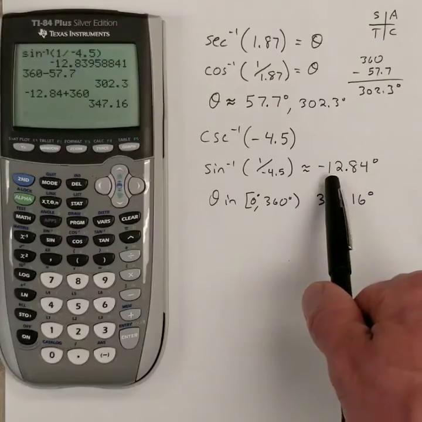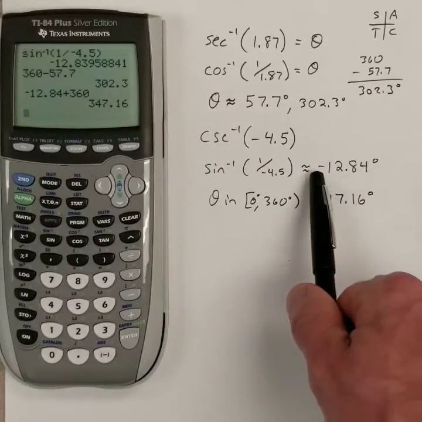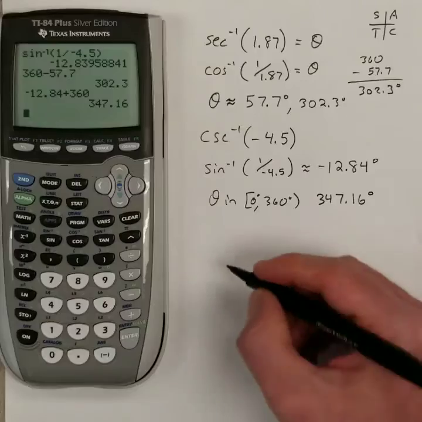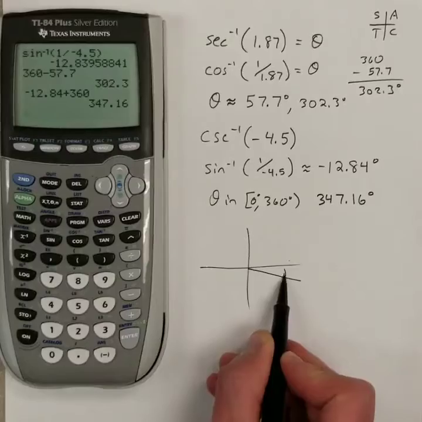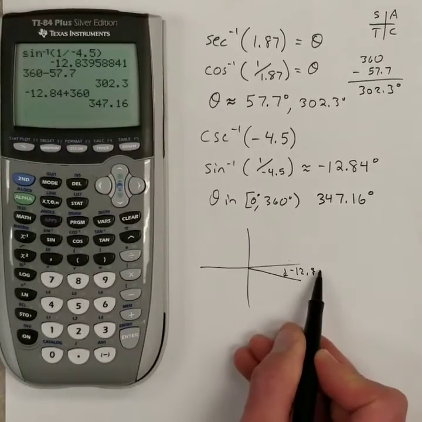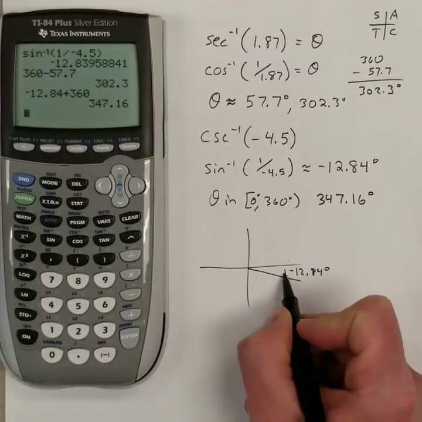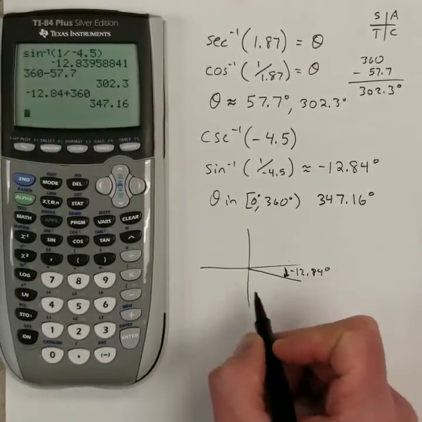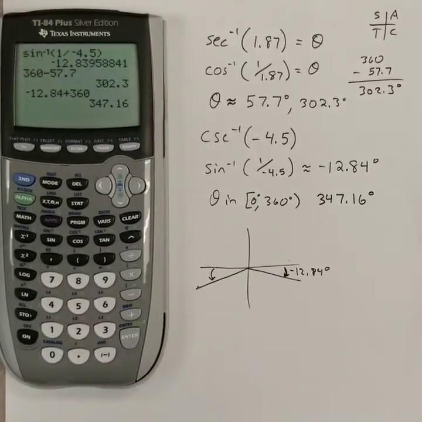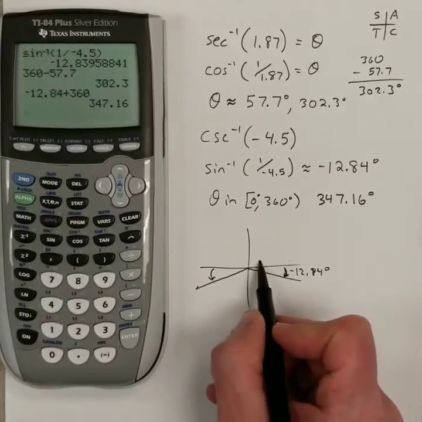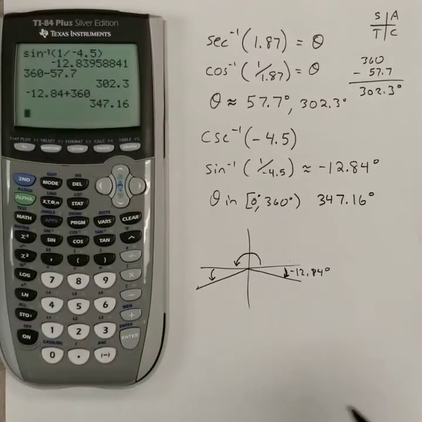So how do I find another angle similar to this but in the third quadrant? Well, if you come 12.8 degrees down into the fourth quadrant, that's equivalent to the same angle coming down in the third quadrant. Well, to find that angle, you take 180 degrees and then add the 12.84.